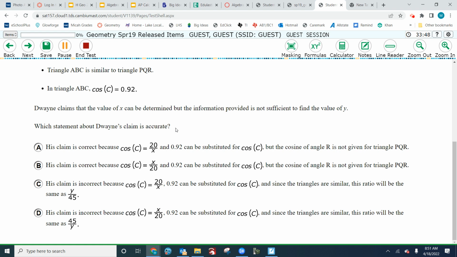Olivia, you think C? Was anybody thinking his claim was correct, that there's not enough information to find y?